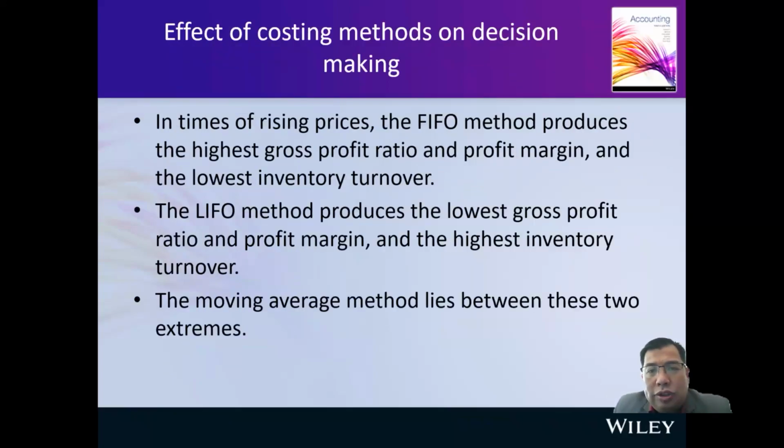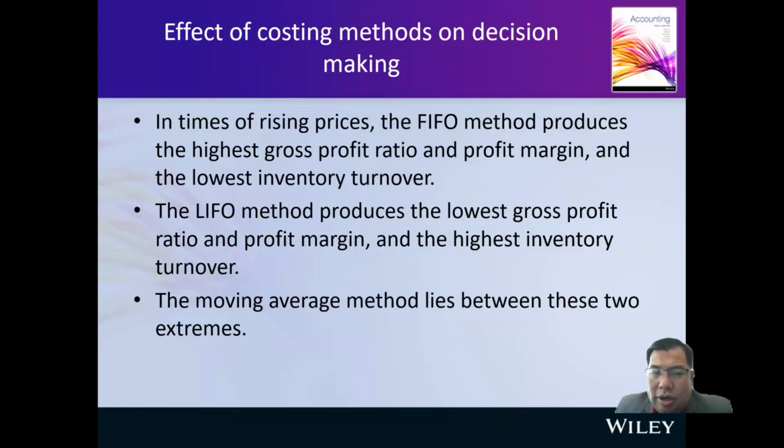What is the effect of the costing method on the decision making process? In times of rising prices, inflation, the FIFO method produces the highest gross profit. Why? Under the FIFO method, the cost of sale will be lower, so the gross profit will be higher.